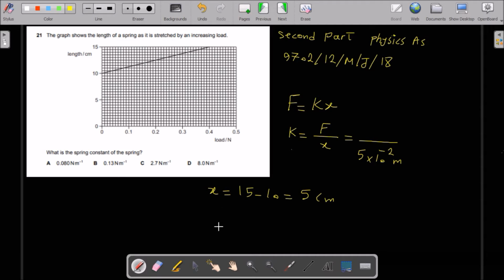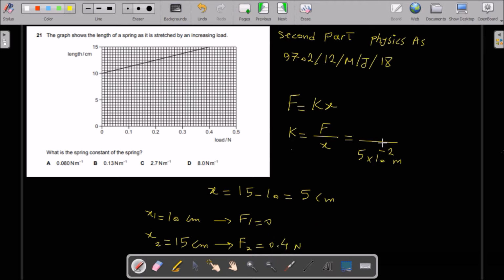it was 0 first, so when x1 is equal to 10 centimeter, force will be 0, and when final length becomes 15 centimeter, then force becomes 0.4 Newton.